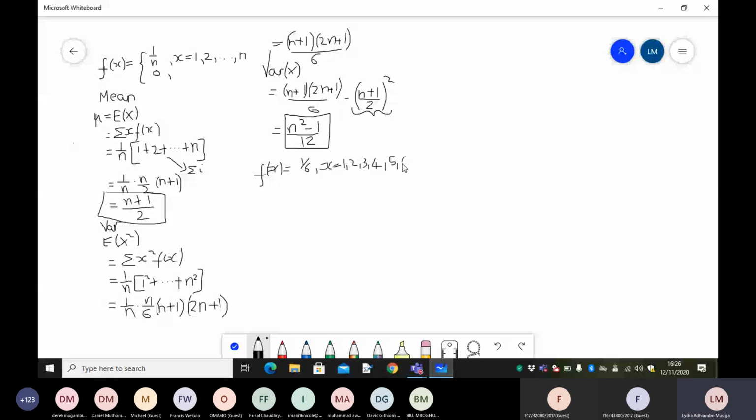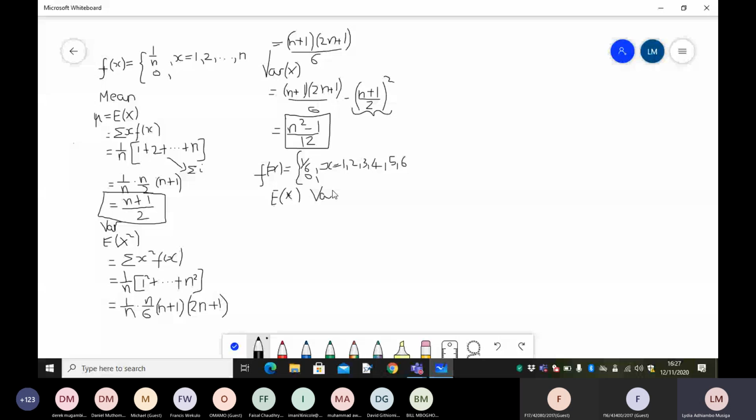So the question is, we want to compute expectation of x and var x.